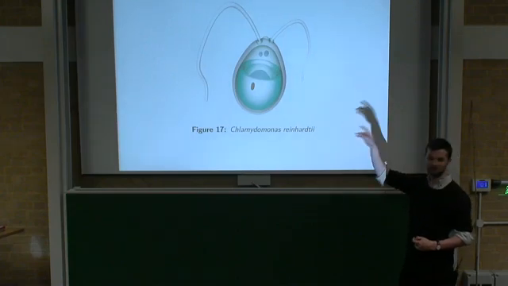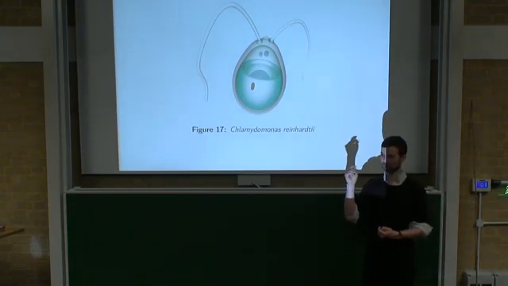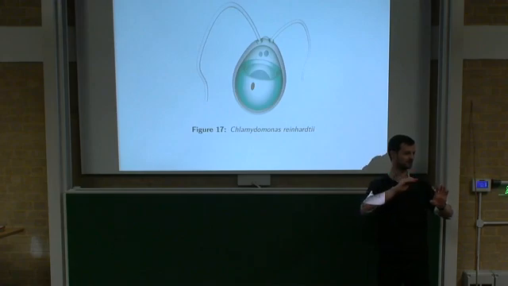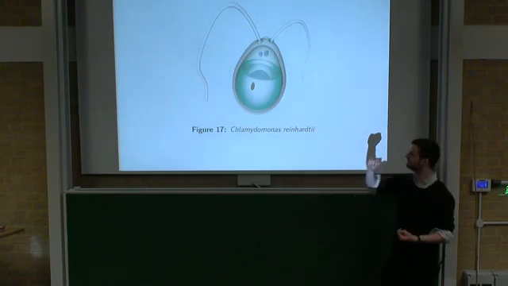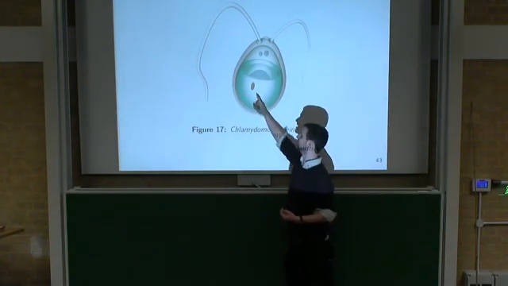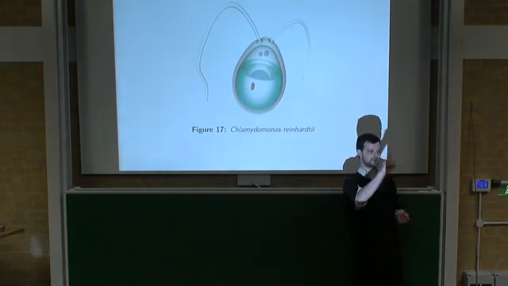Chlamydomonas is a great example of swimming up a gradient of something. They're algae and they like to find light. They have this eye spot, and when they swim, they also rotate around themselves.